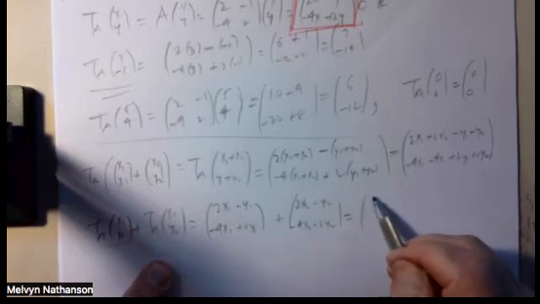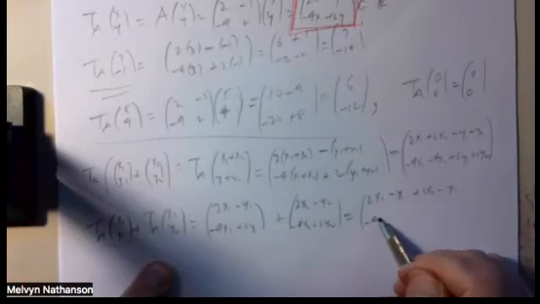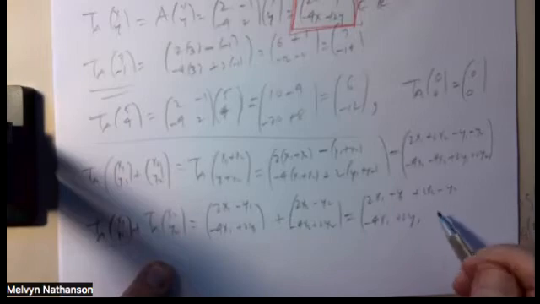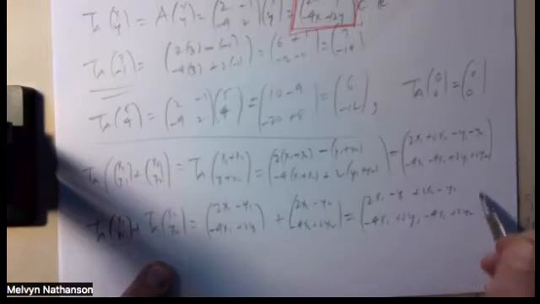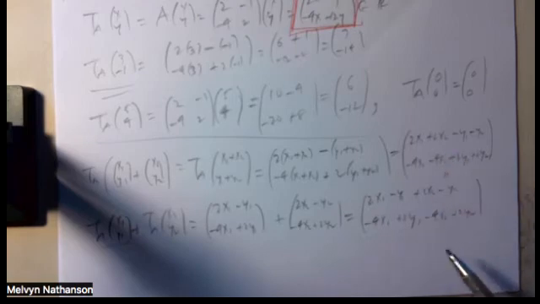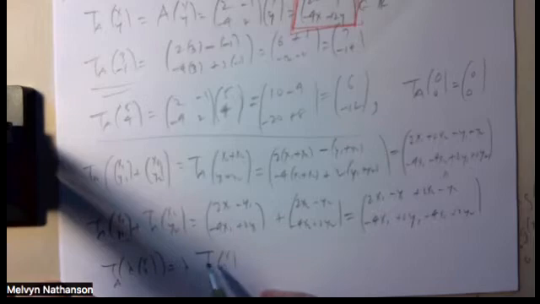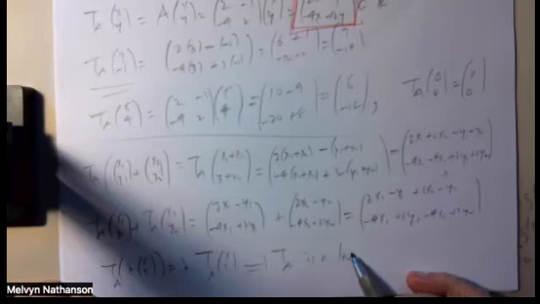When you add, you get 2x1 minus y1 plus 2x2 minus y2, minus 4x1 plus 2y1 minus 4x2 plus 2y2. When you check, these are equal, right? Because you can rearrange numbers, right? Same numbers. And in the same way, you can check that T of lambda x, y is lambda T of x, y. So T sub A is a linear transformation or a linear map.